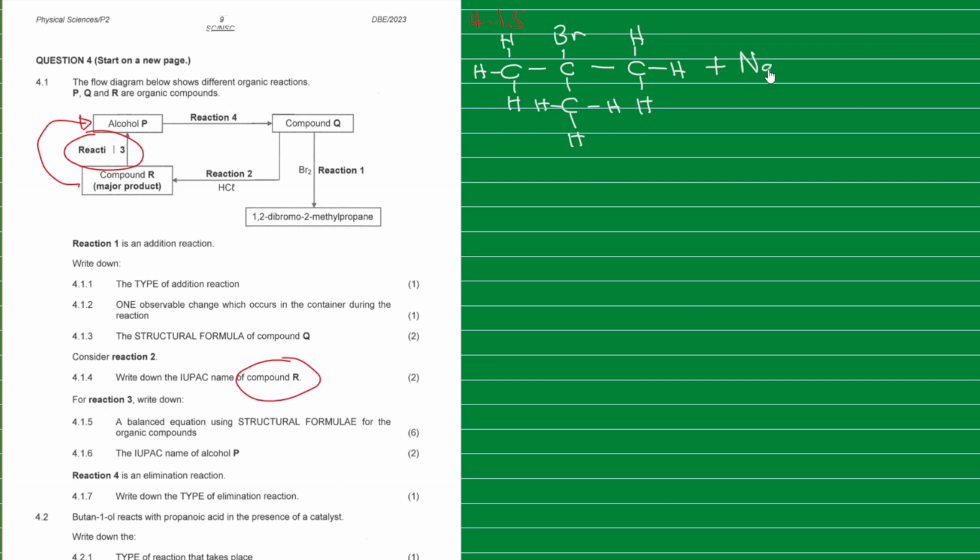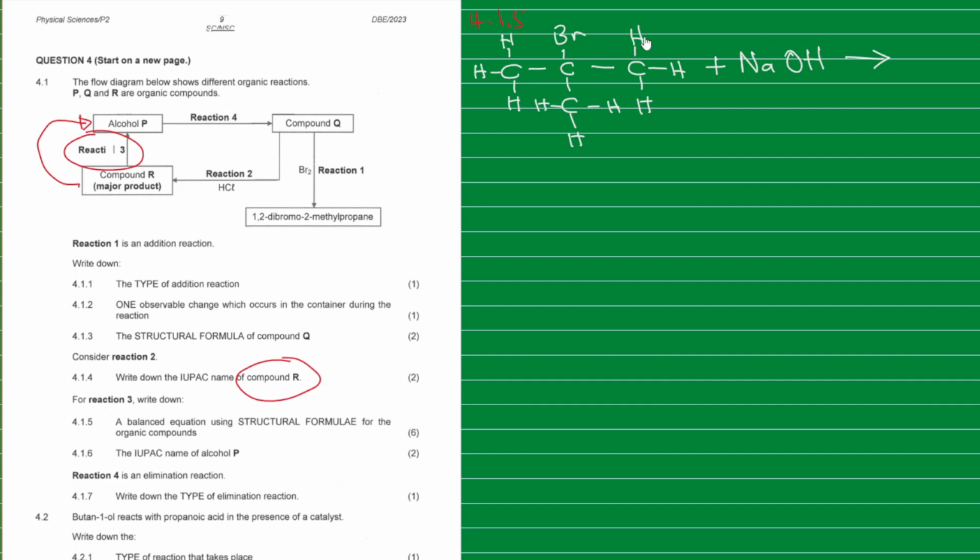So for us to add that hydroxyl, we are going to react this with another compound, which is sodium hydroxide. So the sodium hydroxide will react with this. Okay, and what are we going to get after that? Since I mentioned earlier that it's a substitution reaction, the sodium hydroxide will substitute the Br, and the Br will be combined to Na.